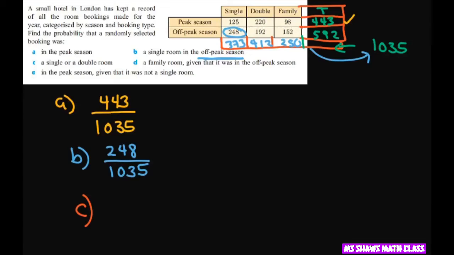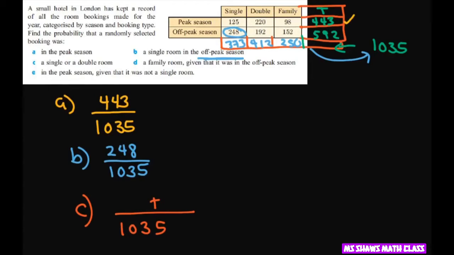For C, a single room or a double room. So for the total, it's still 1,035. We see the word or, so that means we add.